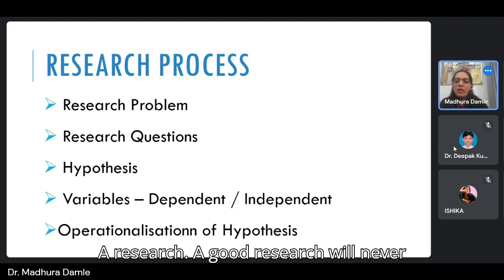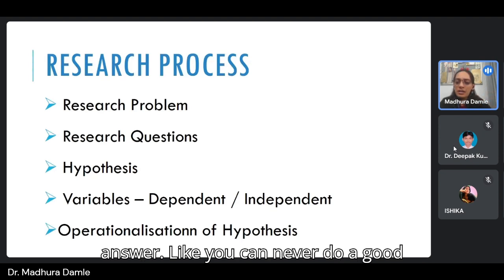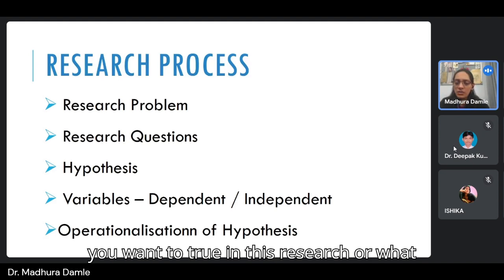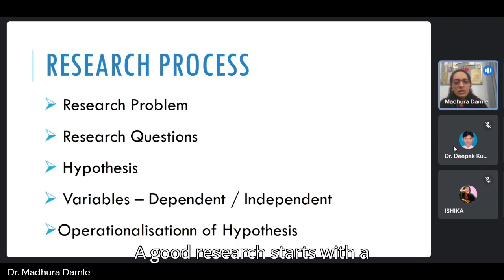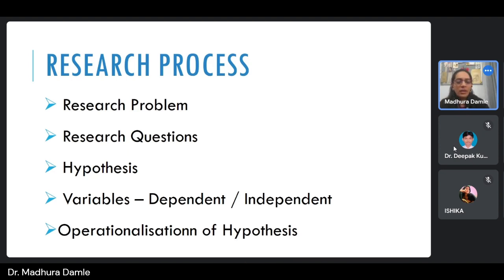A good research will never have an agenda. It will never have already an answer. You can never do a good research if you already decide what you want to prove in this research, or what you would want to find in this research. A good research starts with a query, with a question, that why something happens, or why this particular explanation is not adequate given the developments in the field, or something like that.